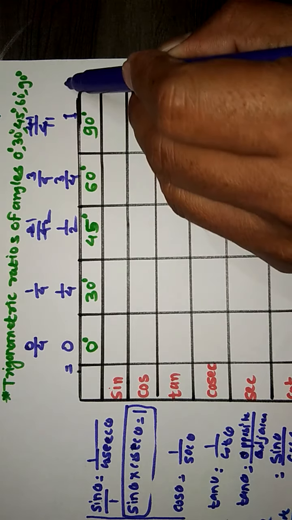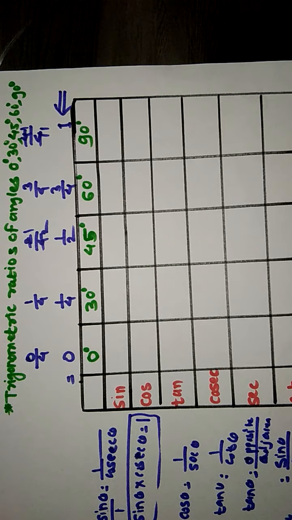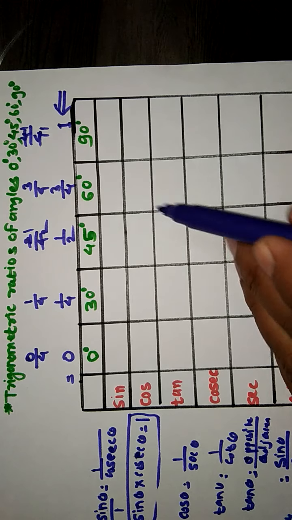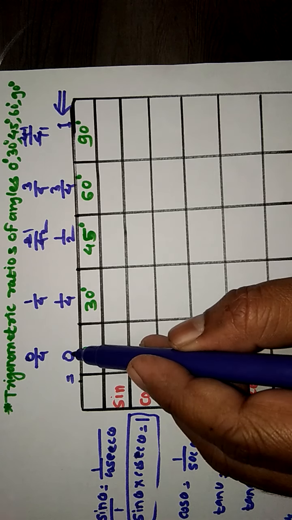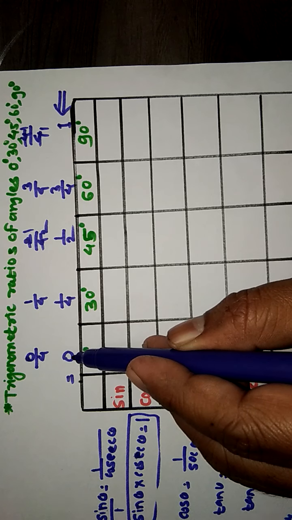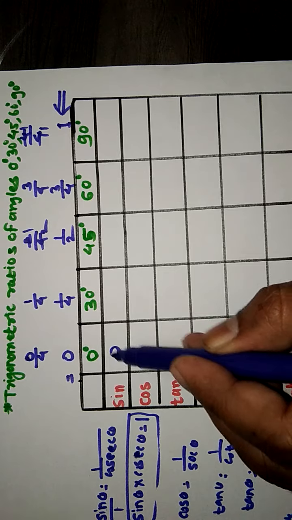Now use this row to write down the sine values for 0, 30, 45, 60 and 90. Now take the square root of each number. For example, square root of 0 is 0.